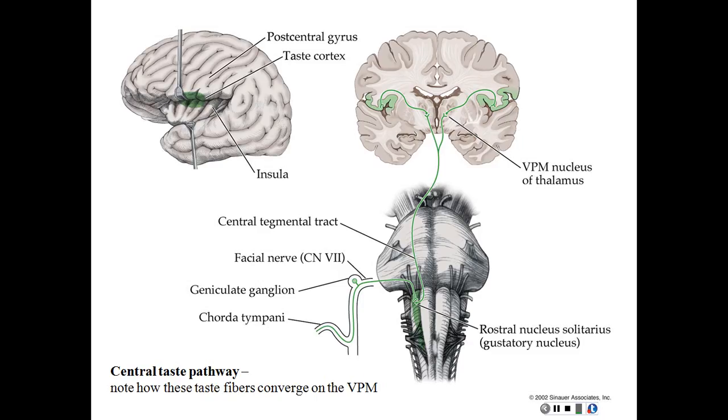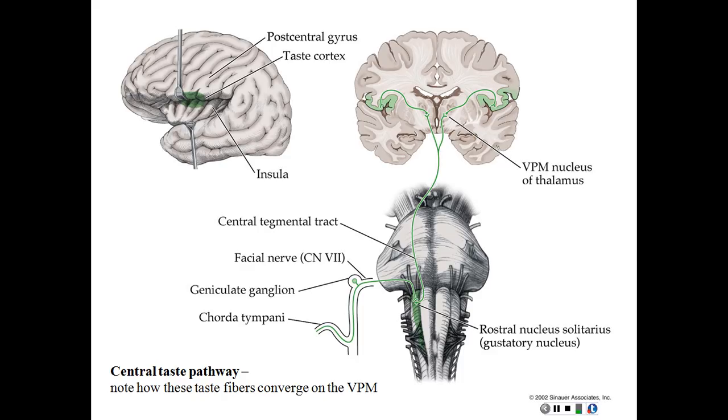So we think of facial being from that anterior two-thirds of the tongue. But the only thing I show you is the fact that here's a special sensory pathway, and look, it's a three-neuron chain. I don't remember the name of the ganglion, but there's a ganglion picking up the taste information. And I don't really know the name of the nucleus in the brainstem, but that's where the information goes.